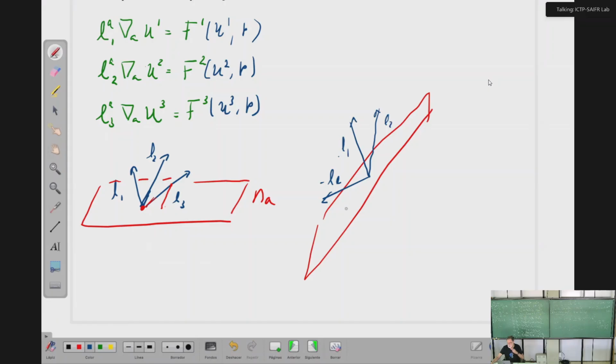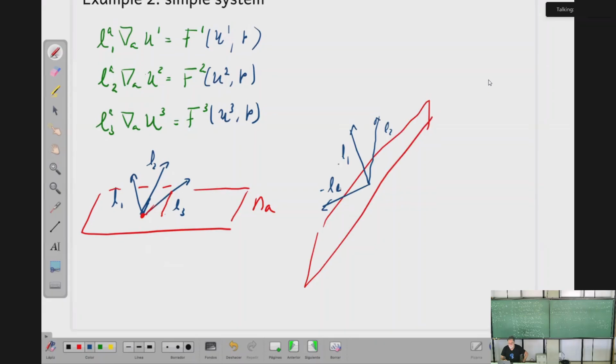Any surface actually does it if you change the sign, except the surfaces that touch one of these vectors. So I have to keep away from the vectors. Okay, so in this particular case, I can solve for it as long as I'm not touching the vector. So these vectors cannot be tangent to the surface. Okay, questions?